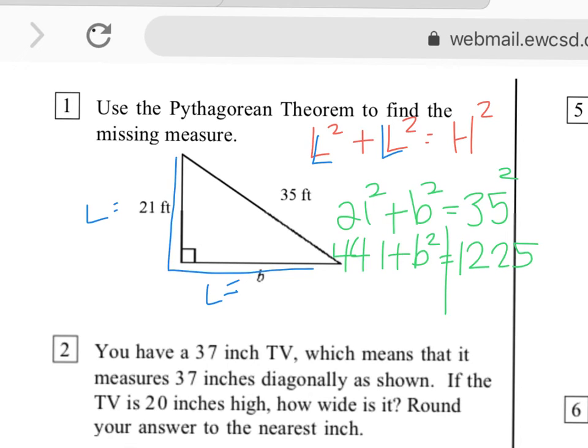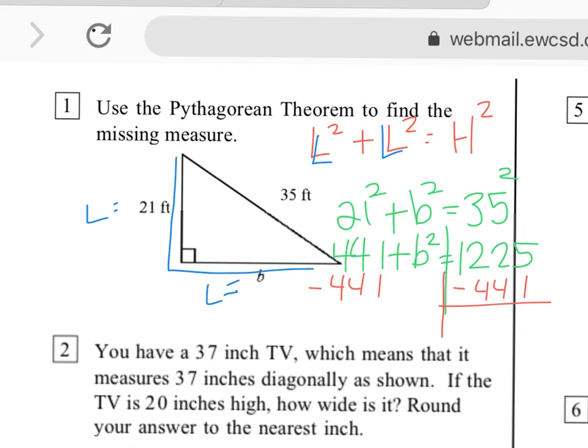What are we supposed to do now? With this step in our equation skills, what are we going to do with this 441 on this left side? Hopefully you realize that you are going to have to take this 441 and subtract it over to this side. You have to subtract.